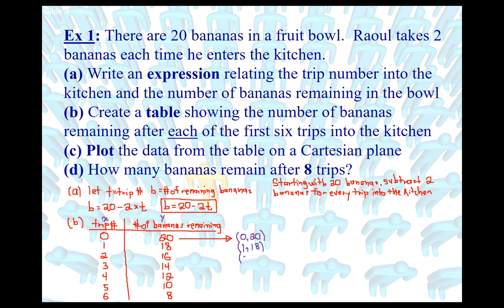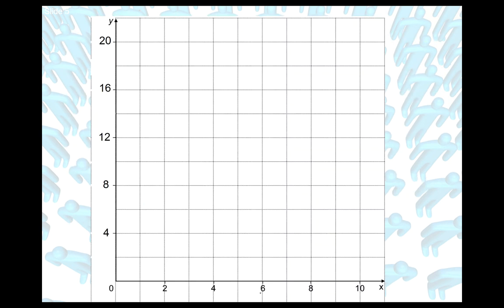The third one would be 2, 16. The next ordered pair would be 3, 14. And then 4, 12. And then 5, 10. And then 6, 8. Okay, so now let's go to the graph.